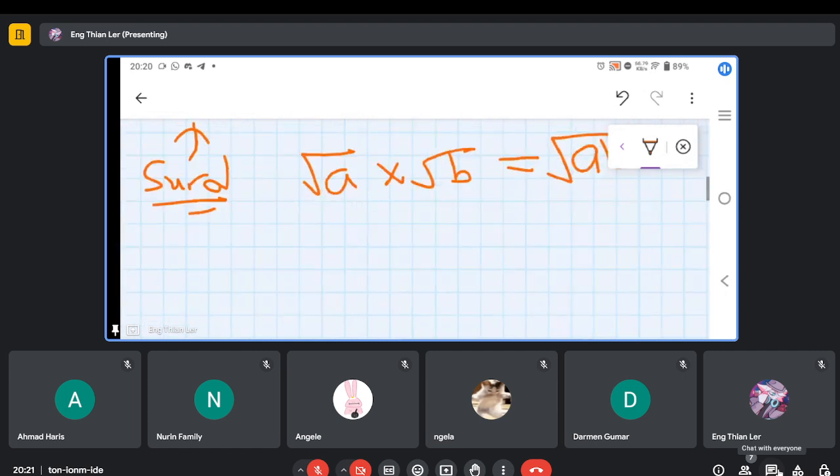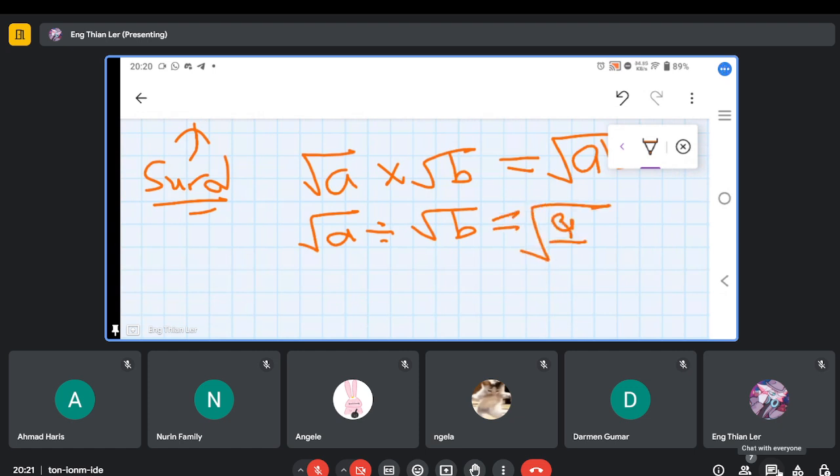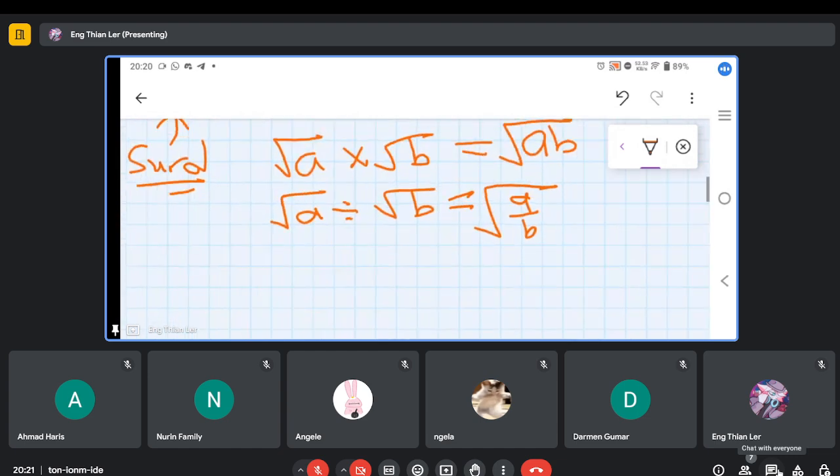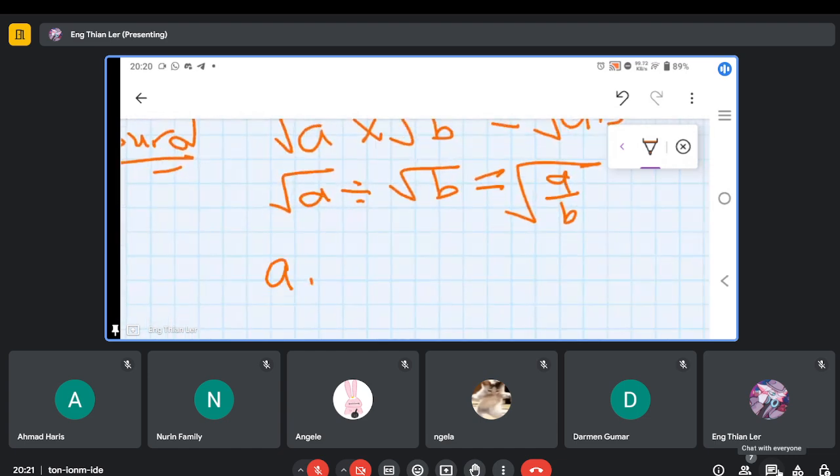And then the same for division. Surd A divided by surd B is equal to surd A over B. And we need to know a very important fact, that A and B must be greater than 0, or equal.